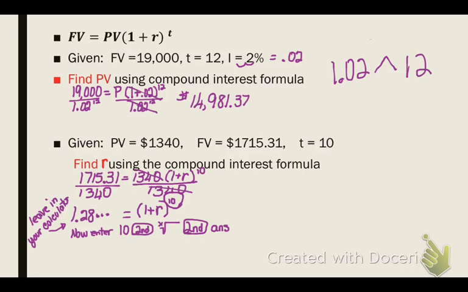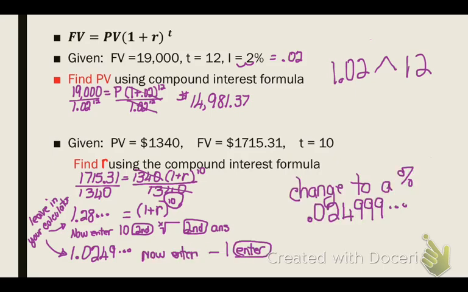And then you should get another long decimal, 1.02499 or something, 9, and leave that in your calculator, because now you are going to subtract 1 from that. So you're just going to say -1 and hit enter, and then you're going to change the long decimal that you have to a percent.